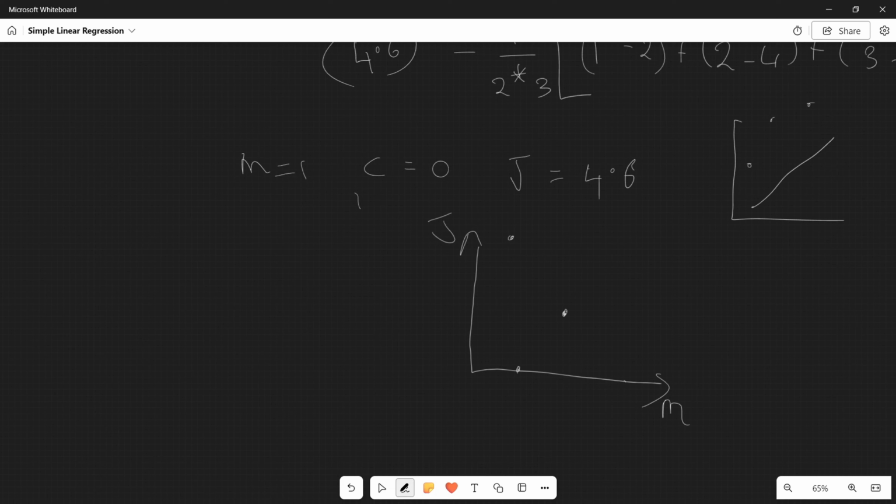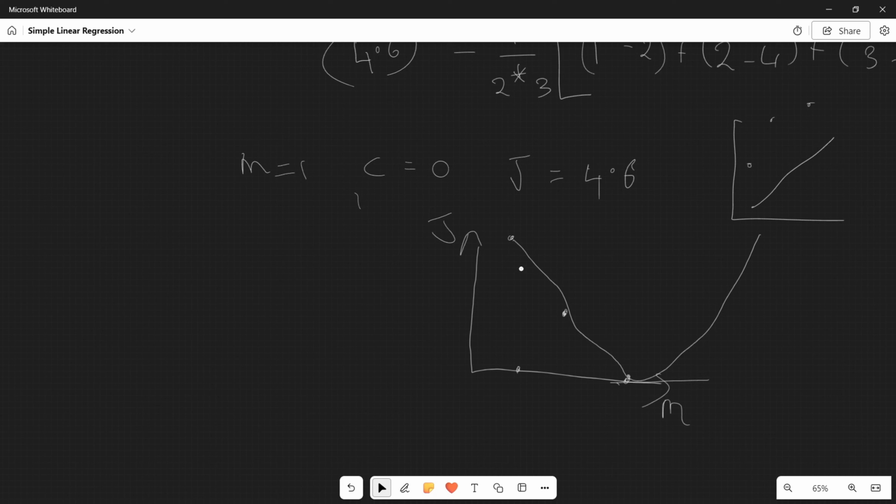And for the slope value 3, I am getting 0 as the cost function, which is no error in the data set. That is, for the slope value of 3 and the c value of 0, there is no error in the mathematical model which I have defined. When I connect all these dots, you can see I'm getting a curve where at the global minima, I'm getting no errors.